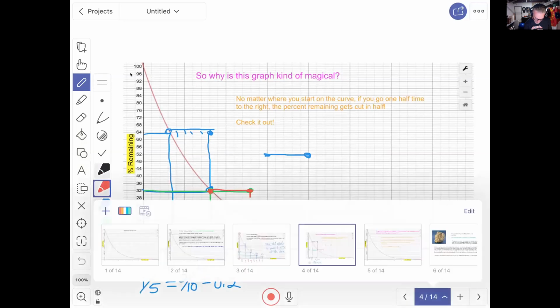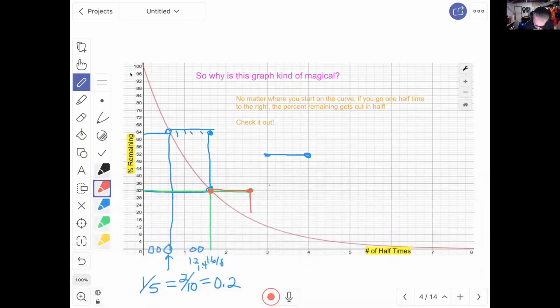If we go here, I can't hit the margin with my hand anywhere. Okay, if I go here, right, what is that? Well, that is 16. What? 16 is half of 32.